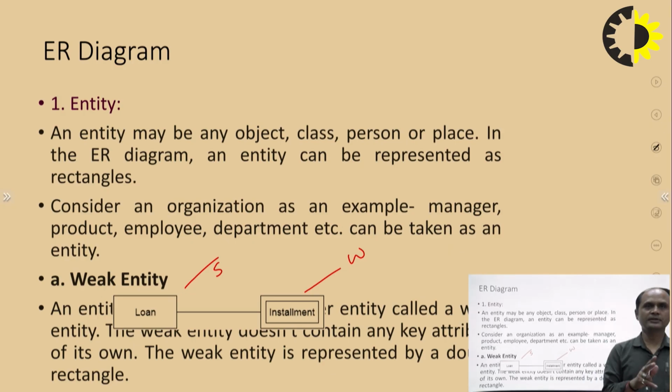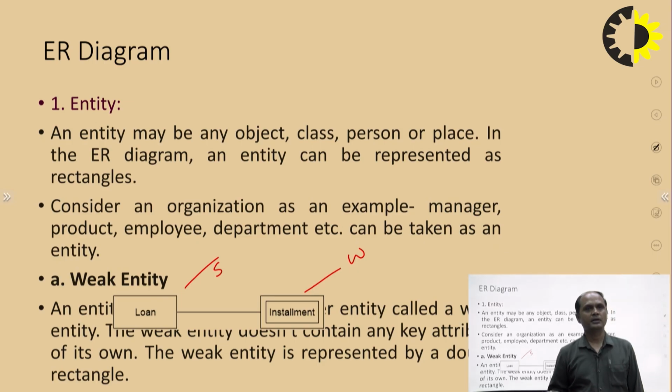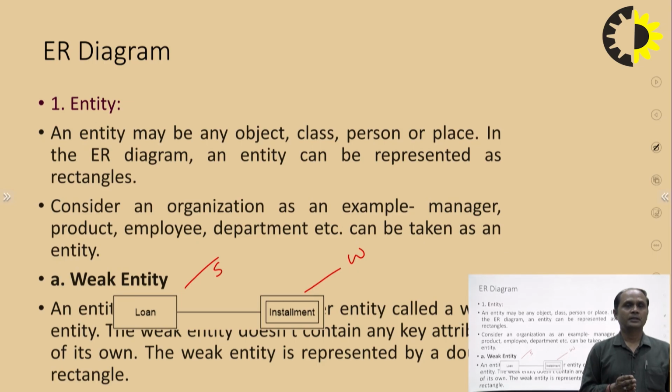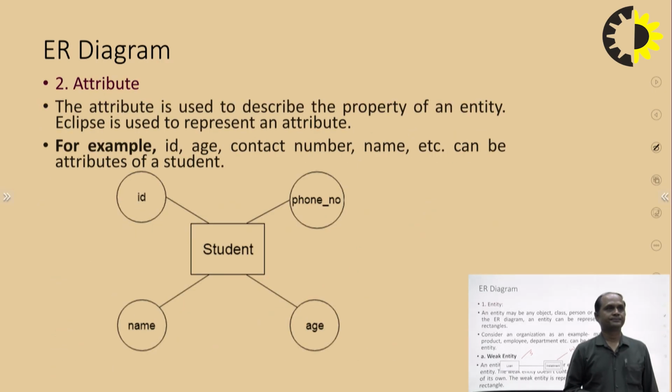This is the difference between the two entities, one is a strong entity and another is a weak entity. A weak entity has no prime attribute, that is, no primary or key attribute of that particular object.